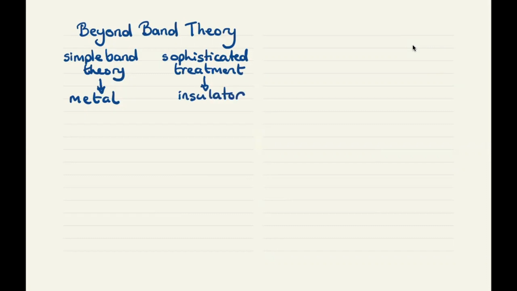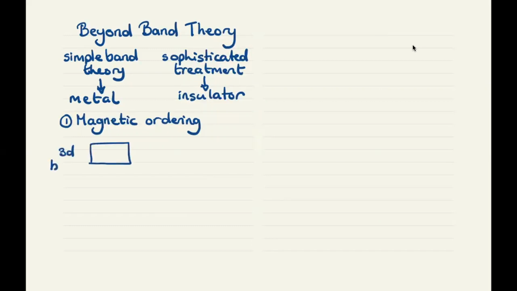The first example that comes to mind would be if we have to consider magnetic ordering. So for example, if we have a 3D transition metal or a 3D transition metal compound with a 3D band and say 5 electrons, if we don't consider the magnetic ordering, then the 3D band would be half filled.